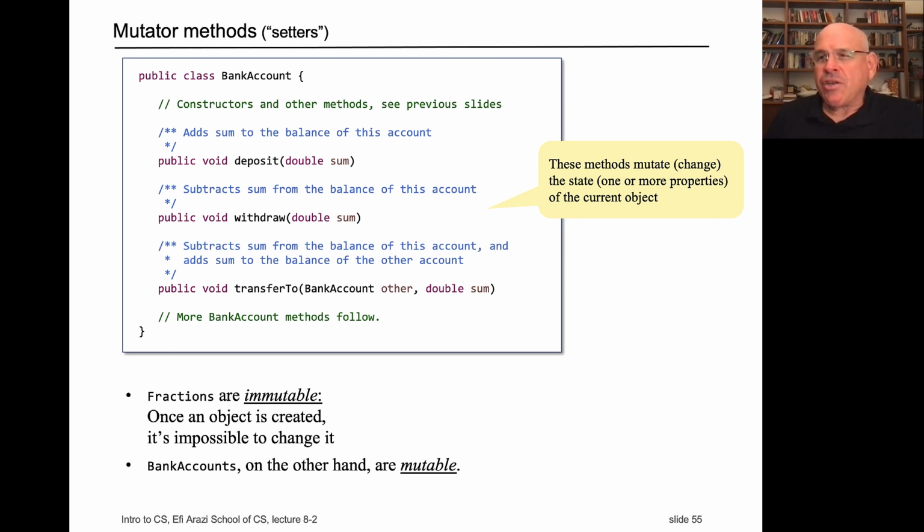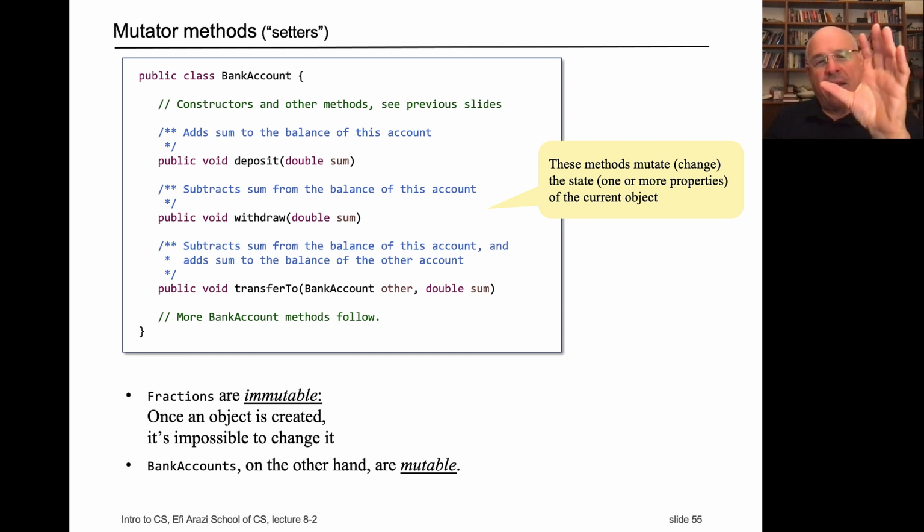There's no need to change fractions. You see, a fraction, like 1/2, is 1/2, is 1/2, is 1/2. You don't want 1/2 to become 1/3. It's crazy, right? And therefore, when we built the fraction class, we didn't write any mutators. But when we write the bank account class, we need mutators.